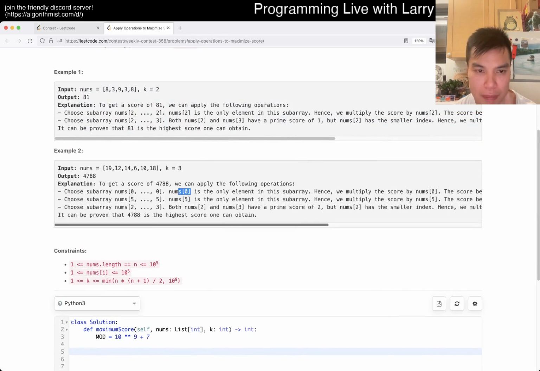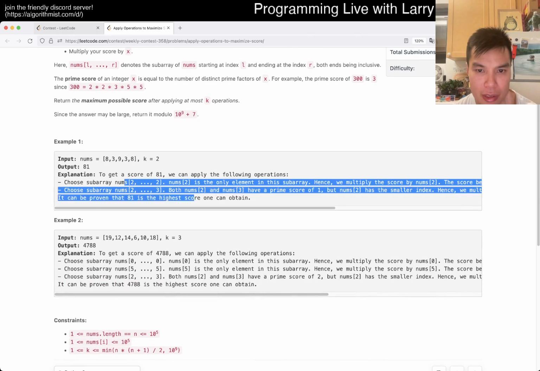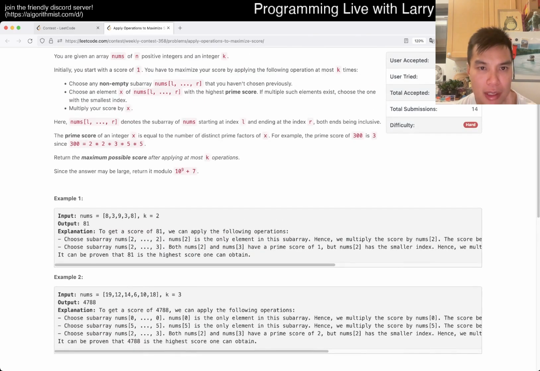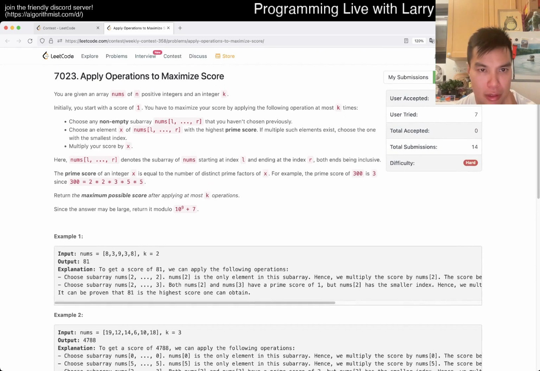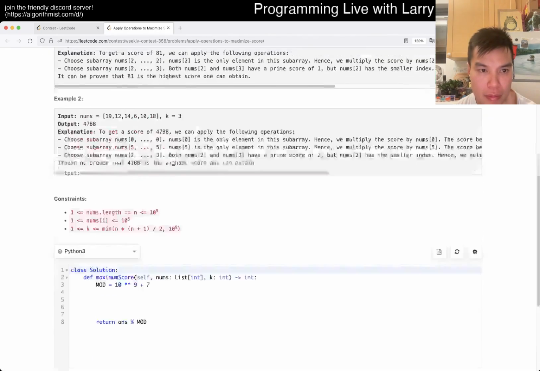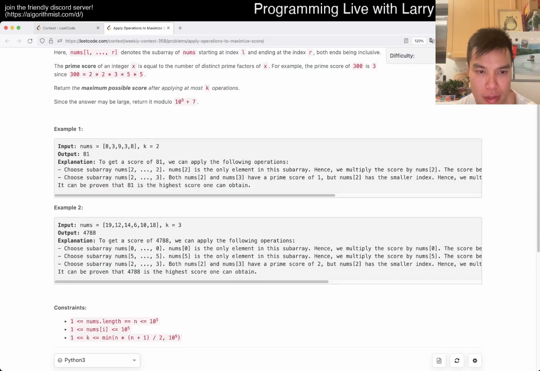Why would you not just pick 0 and then 0, 1 and then 0, 2 and so forth? Am I misunderstanding this? They don't tell you what being used means. Why would you not choose 0 and 0, 1?